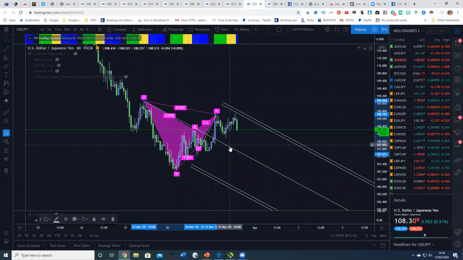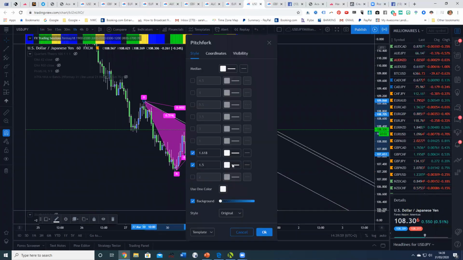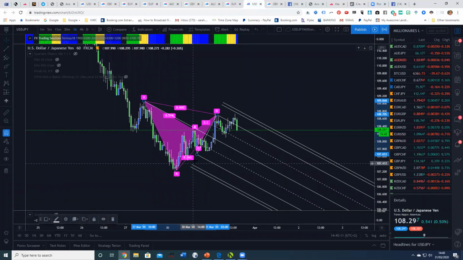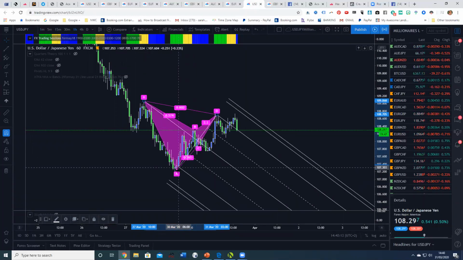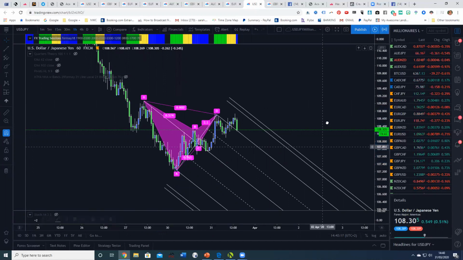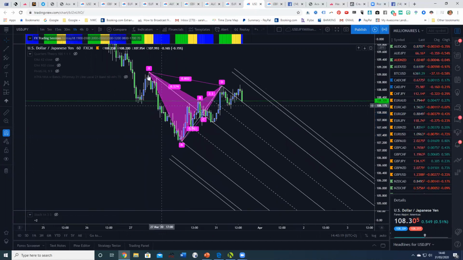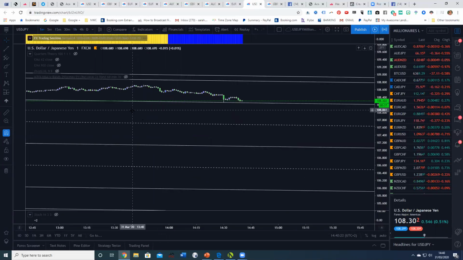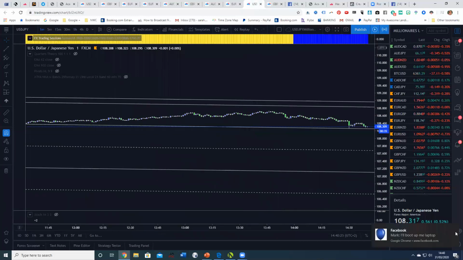USD JPY settings: 0.5, 1, 1.618 and 1.5. Sorry, I was getting muddled up between that and the fib. My fault. So now we've got it on the hourly. Just need to come down to the 1 minute quickly and make sure I've got it.